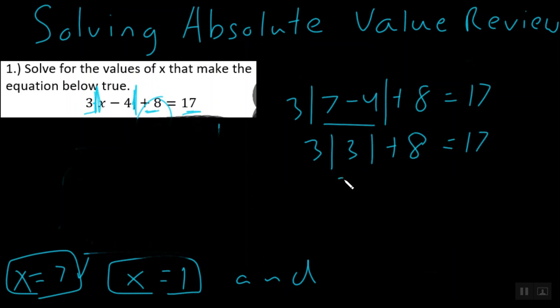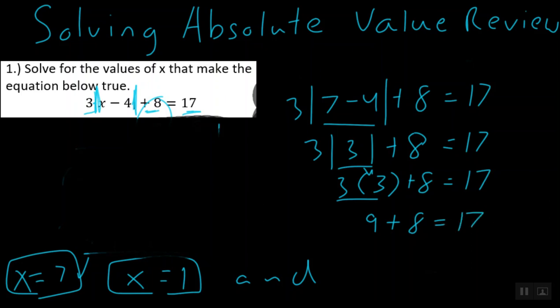And here, the absolute value of 3 is still positive 3, plus 8 equals 17. And of course, 3 times 3 is 9. 9 plus 8 actually does equal 17, and if you can agree that that's a true statement, you would say, you know what, this is in fact a solution. And it turns out if you plugged in the 1, you would get that it was a solution as well. So this graph actually has two solutions, 7 and positive 1.